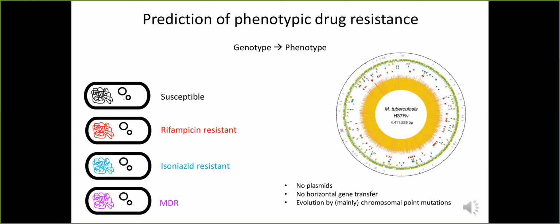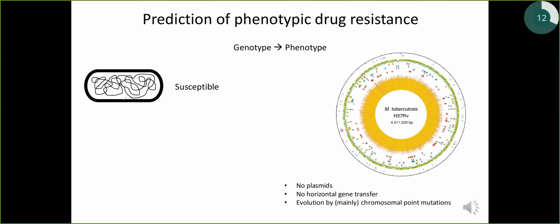And that makes it, as compared to other bacteria, much easier to predict drug resistance in Mycobacterium tuberculosis based on the genotype. The reason is that we have bacteria with just one genetic element, which is the chromosome.